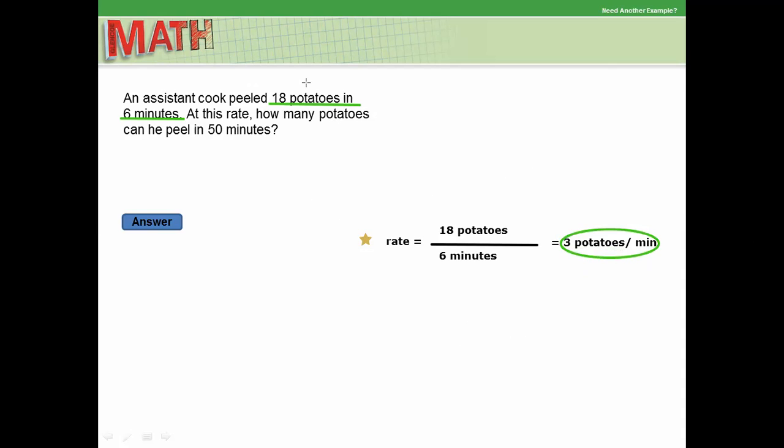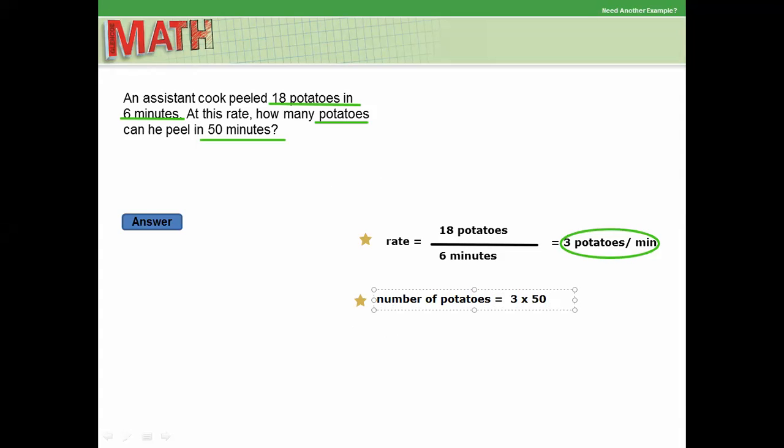Number 2, he wants you to find what? Find the number of potatoes in 50 minutes. So I have to go through step number 2, which is to calculate the number of potatoes in 50 minutes. The number of potatoes equals the rate, which is 3, times the number of minutes, 50.